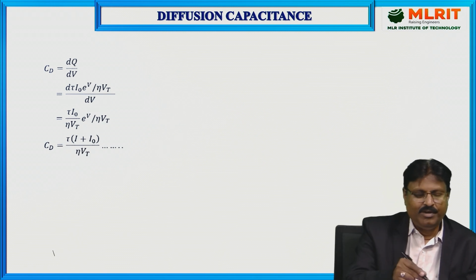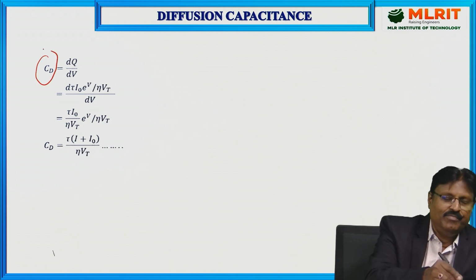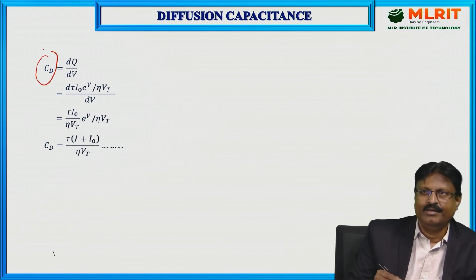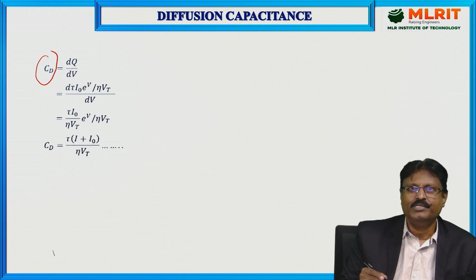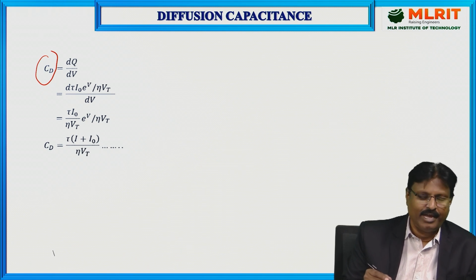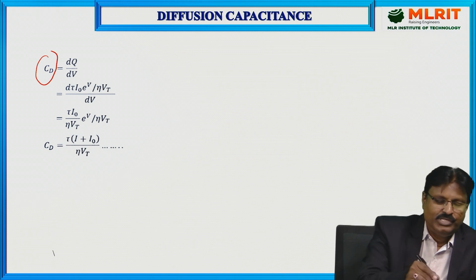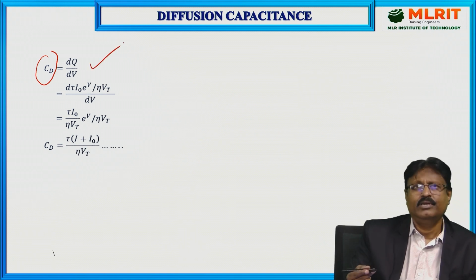Some equation is there. Here I am representing this diffusion capacitance by CD. Earlier I represented the transition capacitance as CT, and here I am representing the diffusion capacitance as CD. So CD is nothing but dq by dv.